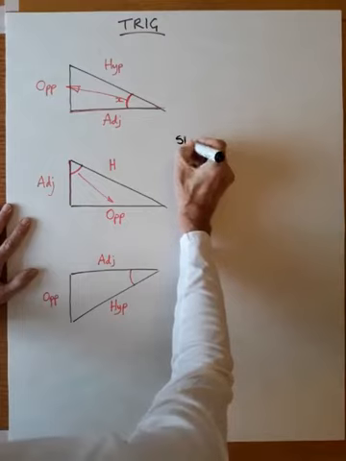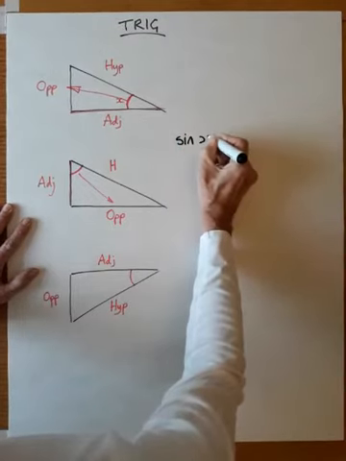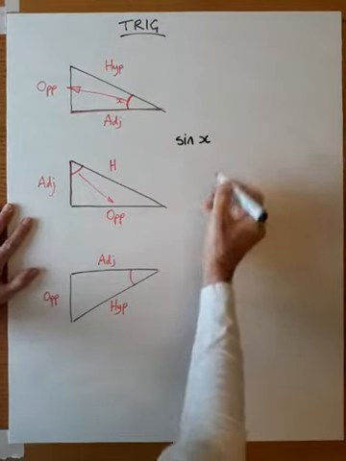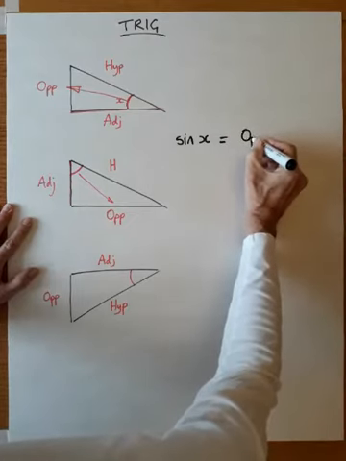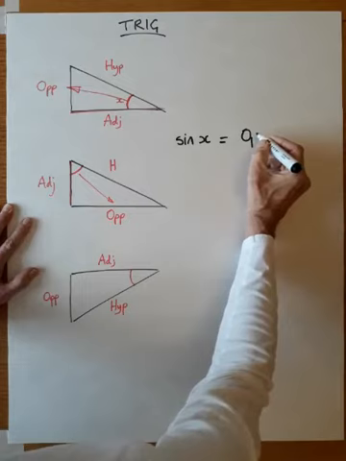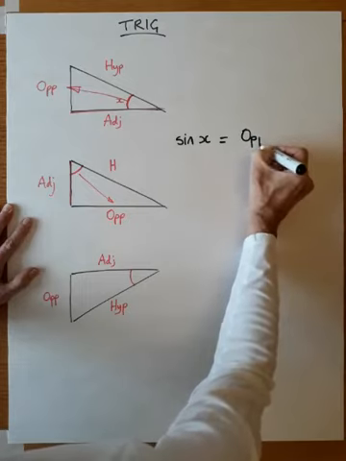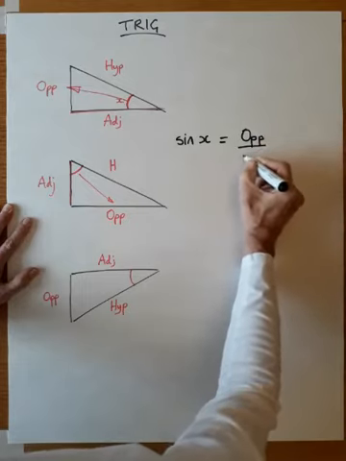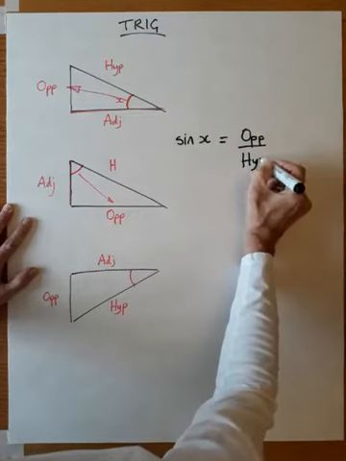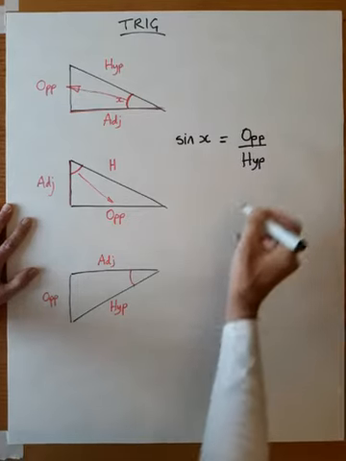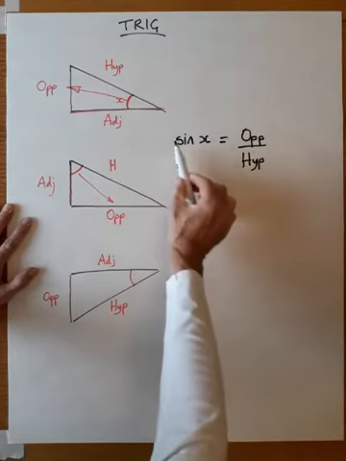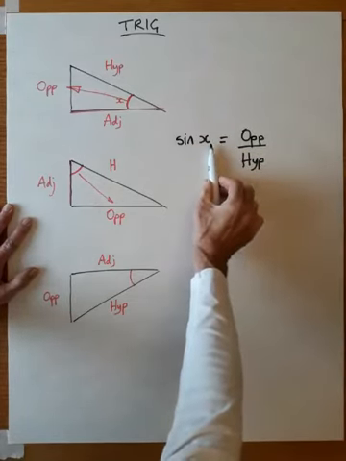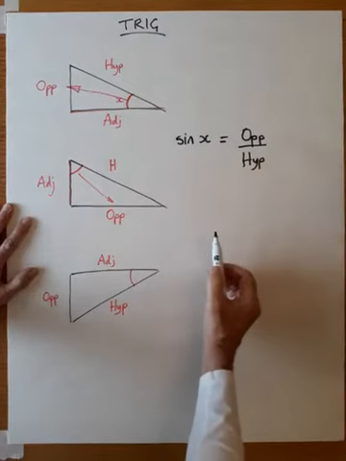The sine of the angle X can be calculated from opposite over hypotenuse. So we need to remember this one. We also need to remember a formula for cosine and another formula for tangent.